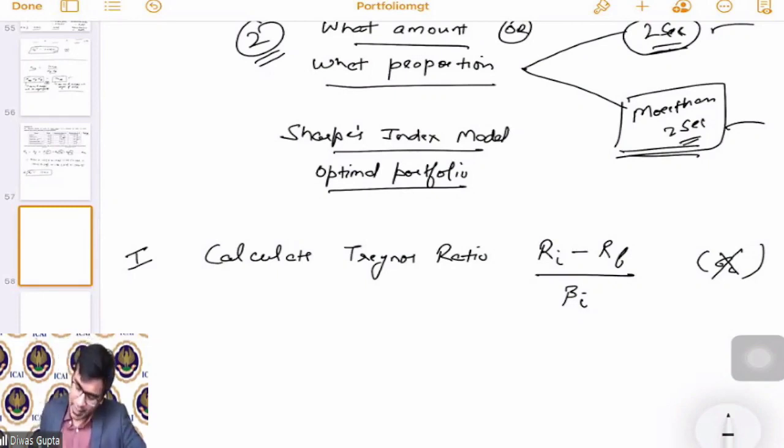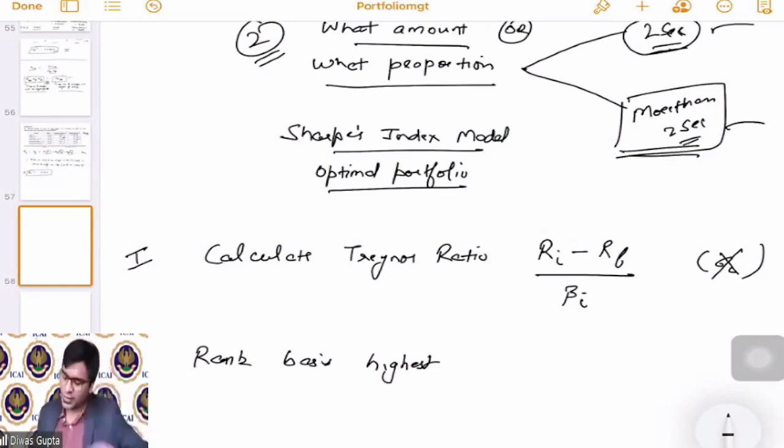Then the second part says rank basis highest and lowest. After you have calculated this, you have to rank from the highest value of Treynor to the lowest value of Treynor. Okay, because definitely the preference will be given to the security having the highest Treynor ratio, right? That means we will go from the highest to lowest.